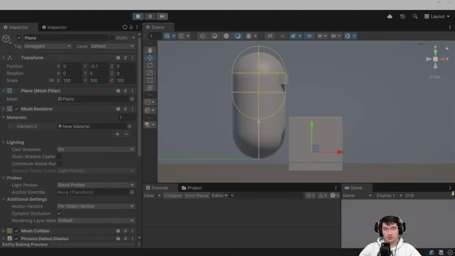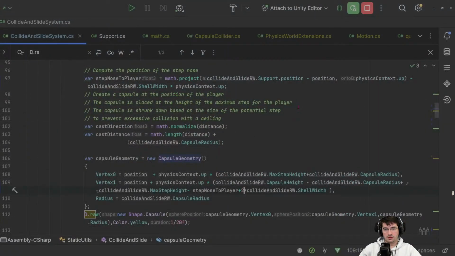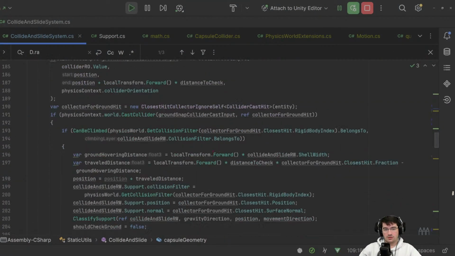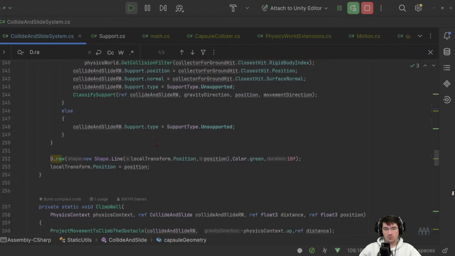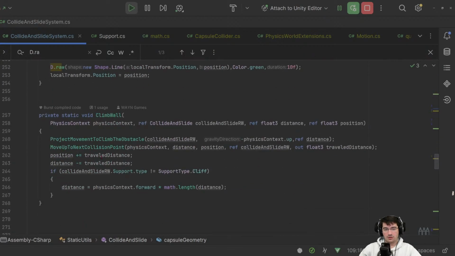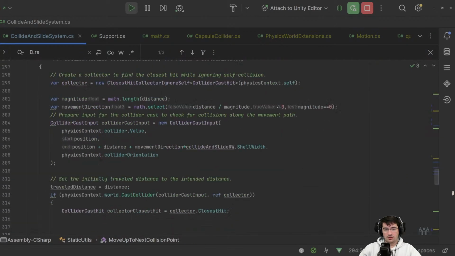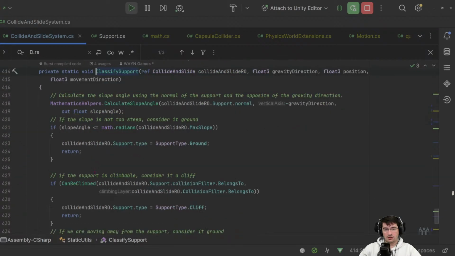again, you are just below. You should still be able to climb. Move to the next position, classify the support.